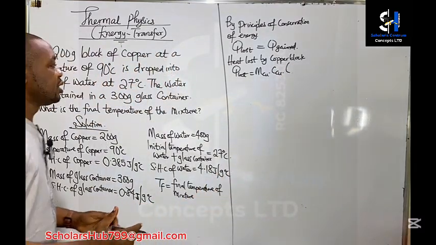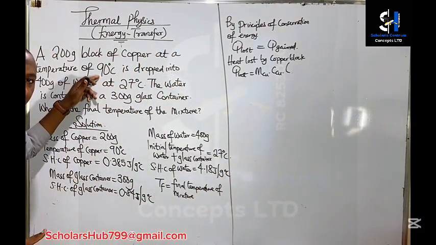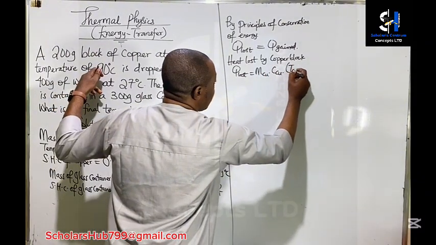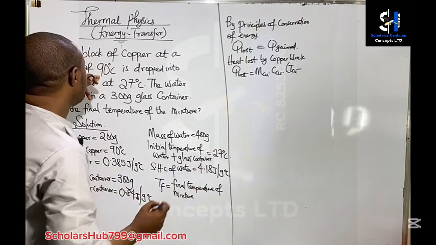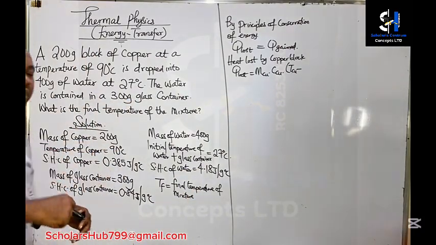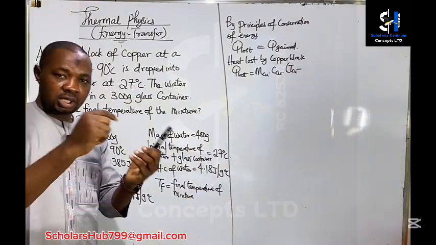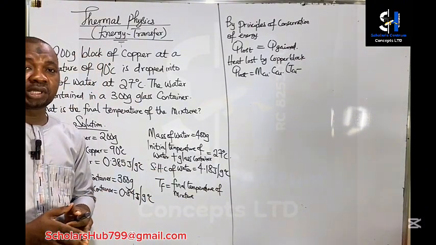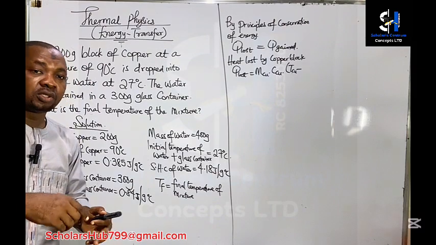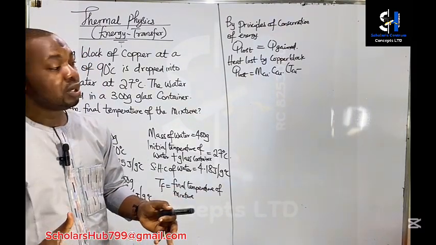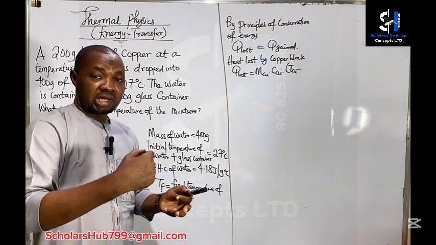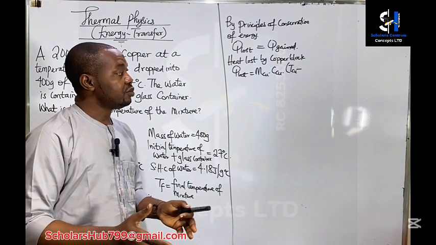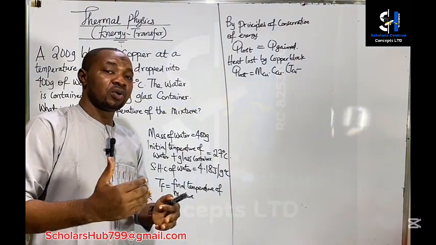The temperature difference will be the first temperature of copper, 90 degrees Celsius, minus the final temperature, when the copper is dropped into the glass container containing water and the mixture is stirred thoroughly to aid equilibrium temperature. When the thermometer is introduced to read and record the temperature of the mixture, that now becomes the final temperature.